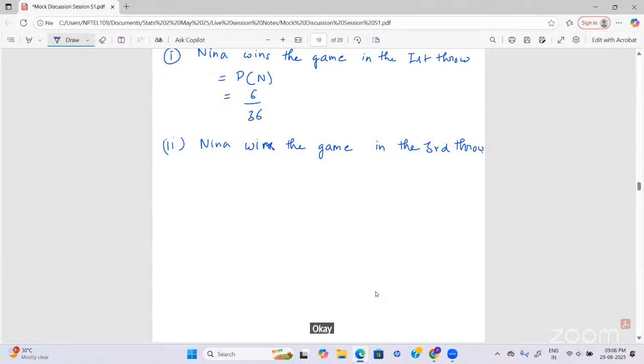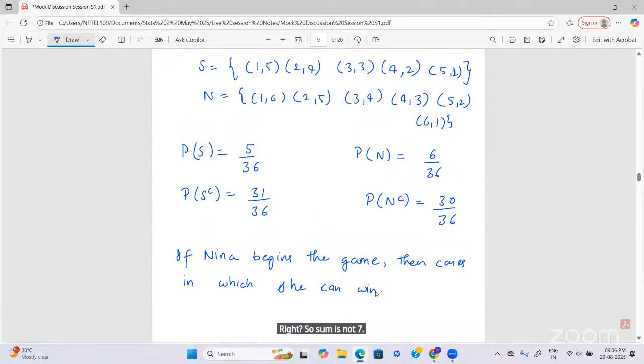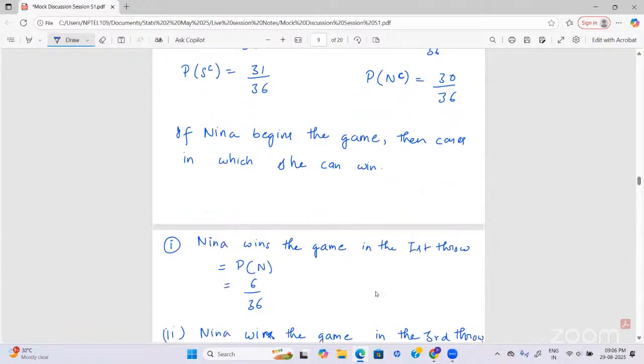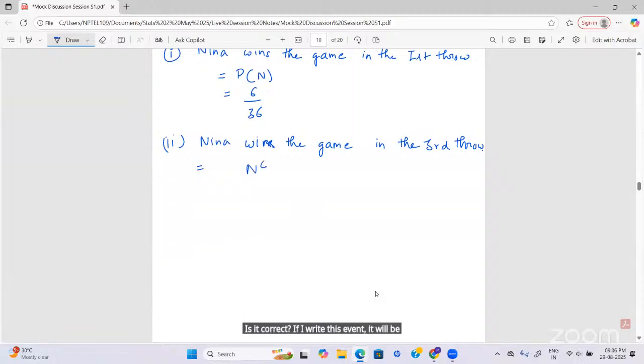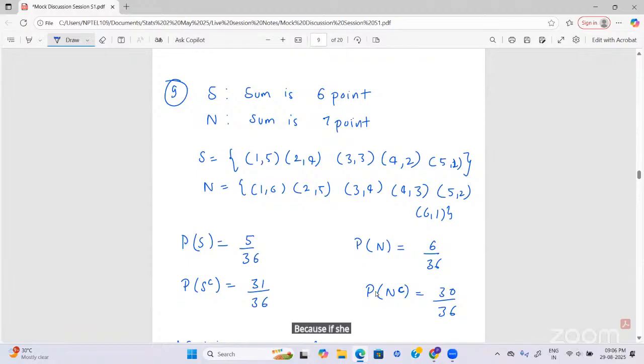So she is winning in the third throw, which means in the first throw she will not win, which means the sum should not be 7. So the sum is not 7 will be N complement, right? If I write this event, it will be N complement in the first throw. Then in the second throw, Sam should not be getting the sum as 6, because if he gets the sum 6, then he will win the game.